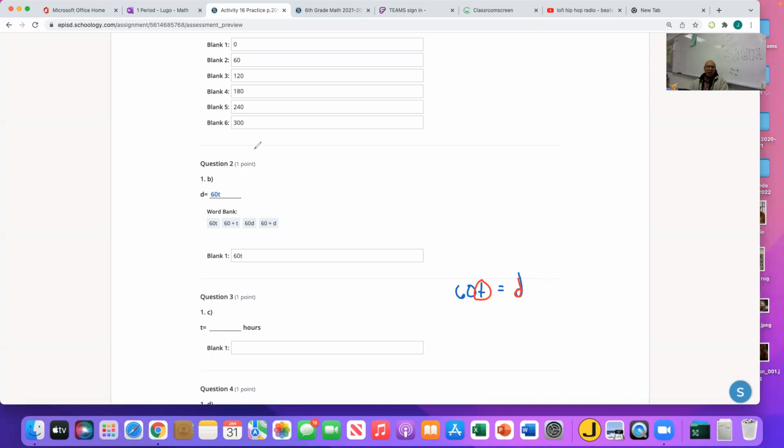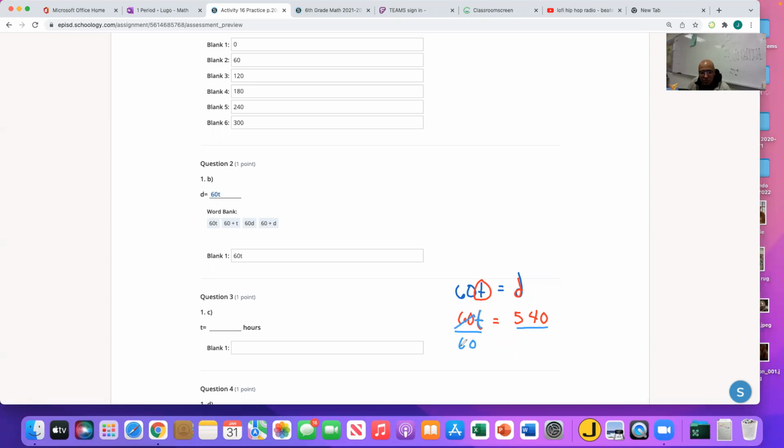And so how can I use this formula? Now I could continue to go down on the table and just keep counting by 60s, or I can simply do 60 times something. So we're going to do 60t is equal to the distance that we're traveling, which is 540. All right, now let's just isolate the variable. Let us solve this equation. Let's isolate this t. So how can I get rid of this multiplication? We can divide by 60 to see what 60 times what will give me 540.